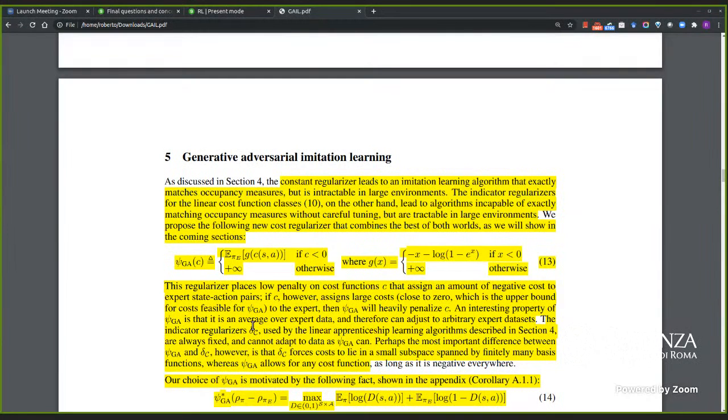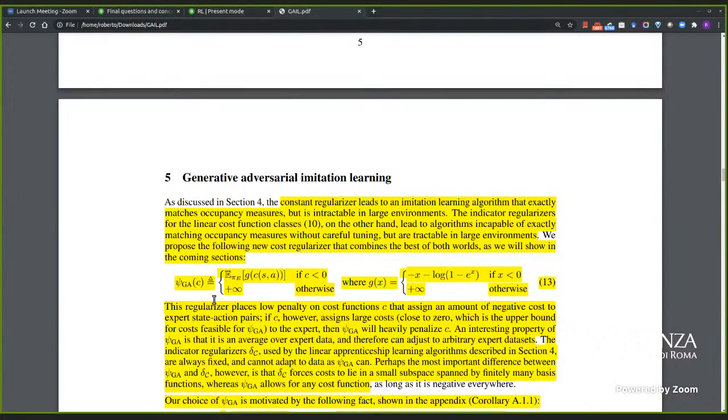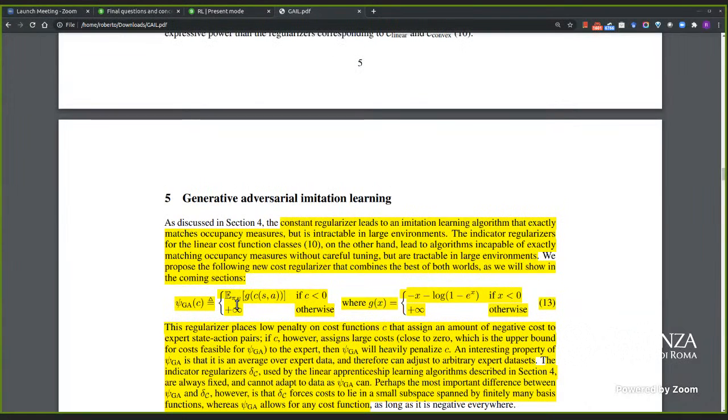An interesting property of this function is that it's an average over expert data and therefore can adjust to arbitrary expert data sets. Why is it an average over expert data? Because it's an expectation over this, right? So as you notice, there is something very interesting over here, which is the fact that before you didn't have any regularizer that was adapting on the data of the expert.